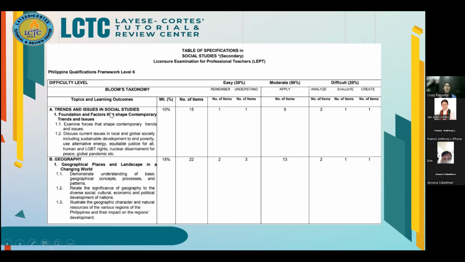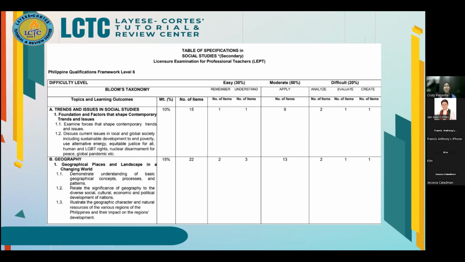Okay, so what are the possible concepts, or what possible questions may come out under the trends and issues in social studies? It must be aligned on this criteria. First, it will examine forces that shape contemporary trends and issues. Second is it will discuss current issues in local and global society. Mobito nang moingon sila nga dapat daw updated ka sa mga recent ka panghitabo sa palibot.